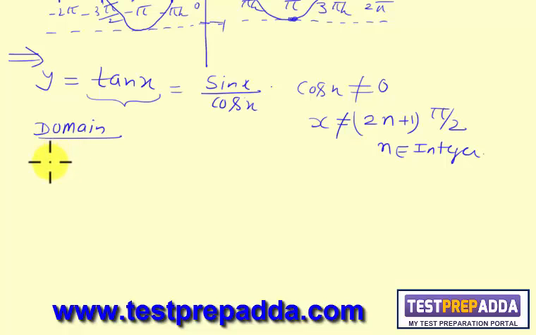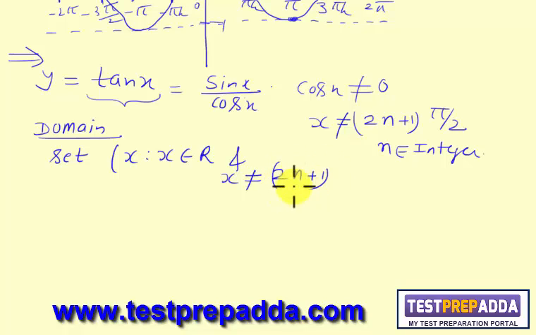Domain will be the set of x, where x belongs to real numbers and x should not be equal to (2n plus 1) pi by 2, where n belongs to integers. Got it?